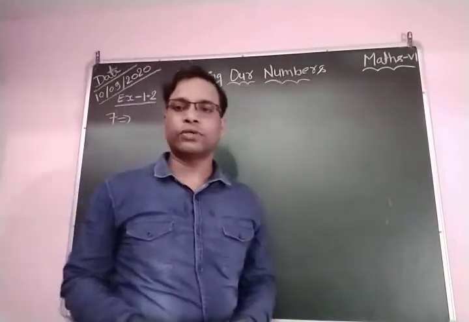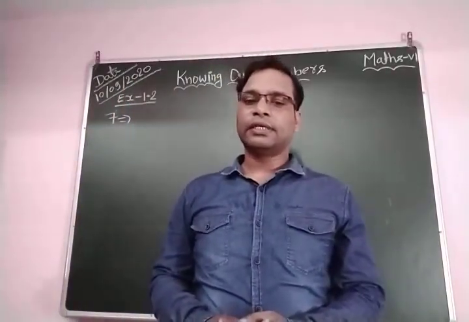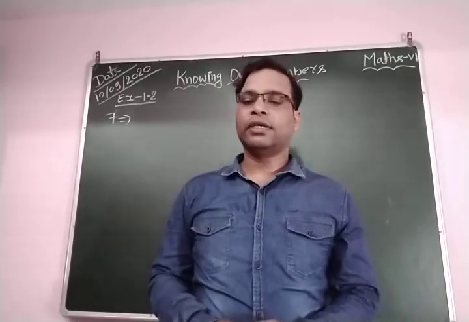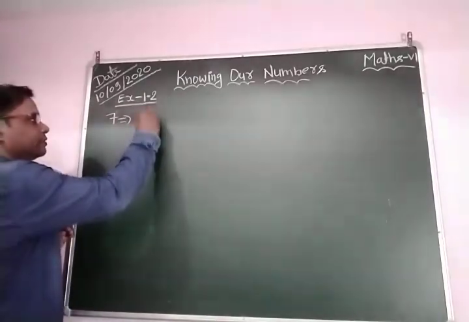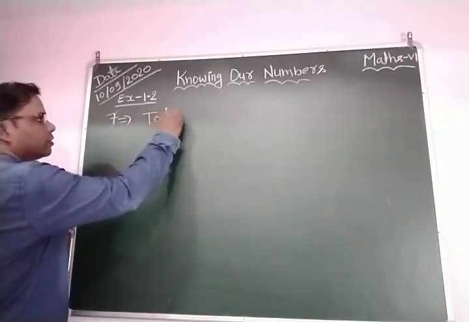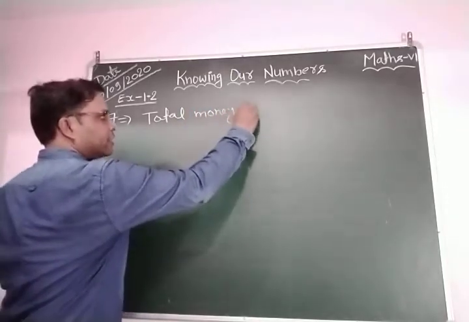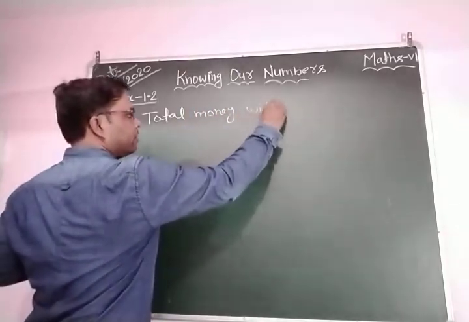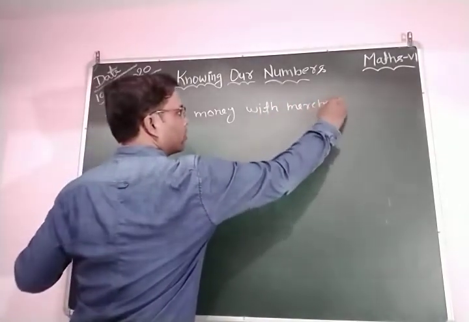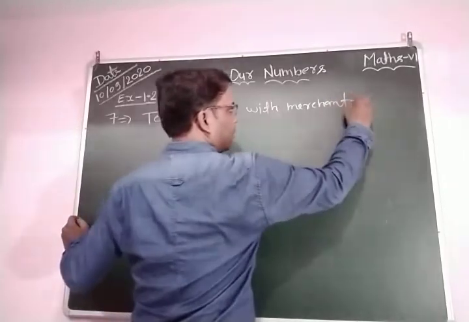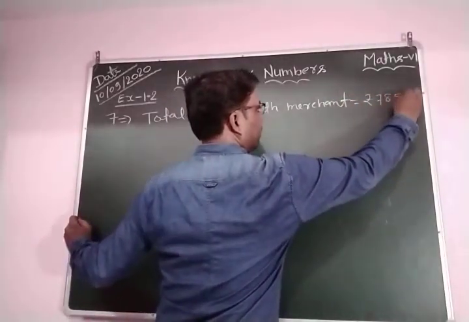Now here in this question, the total money with the merchant is given, 78,592. So first you write: total money with merchant. Total money the merchant has, this is given, rupees 78,592.